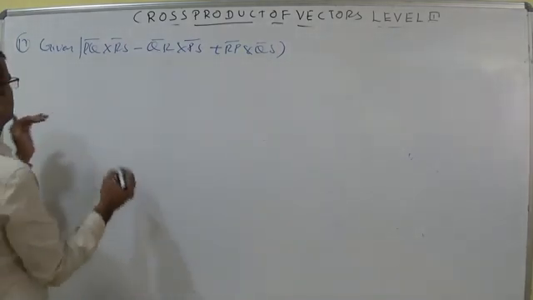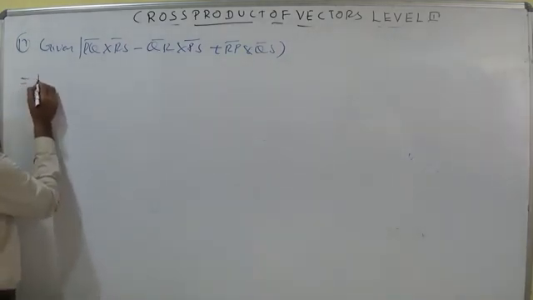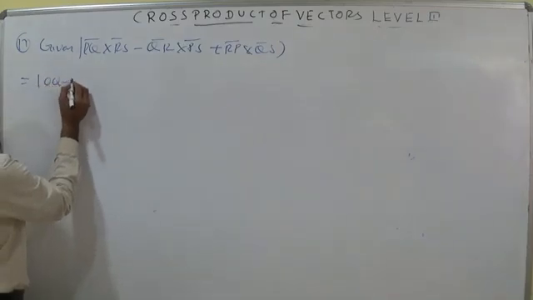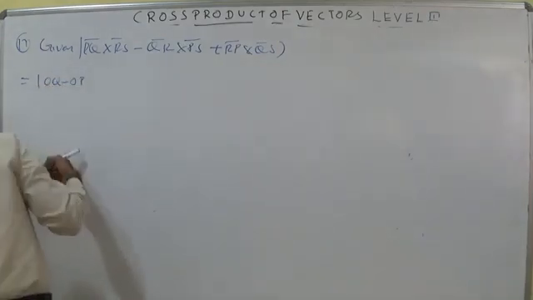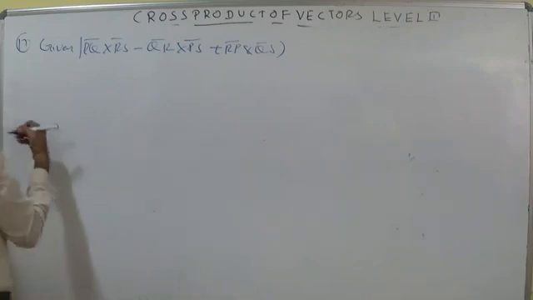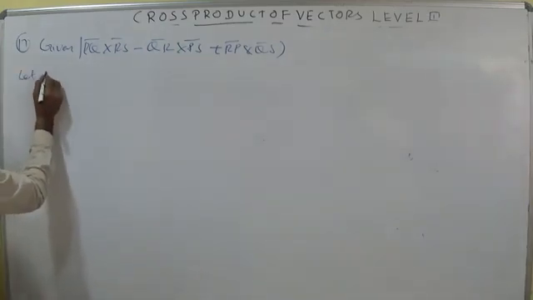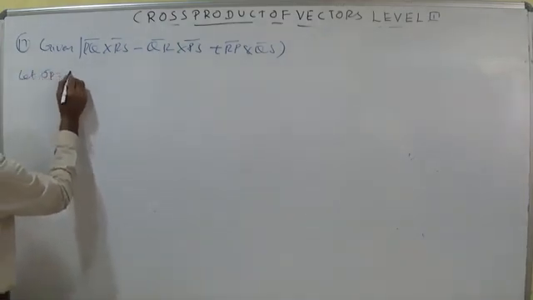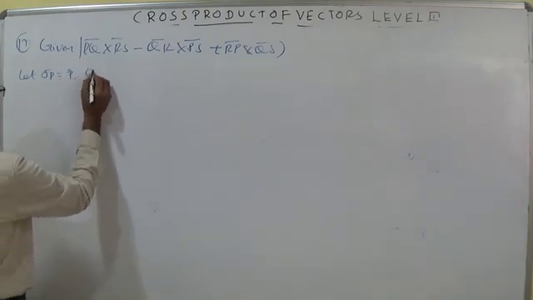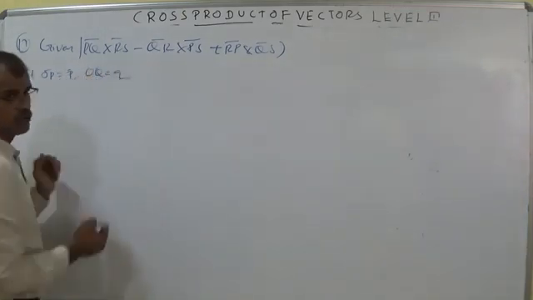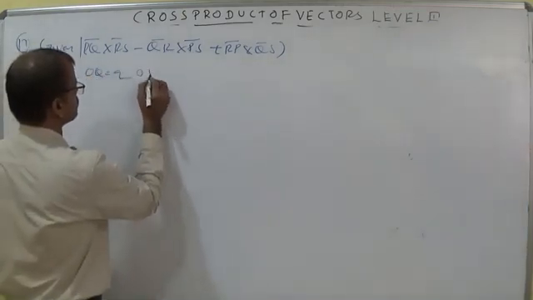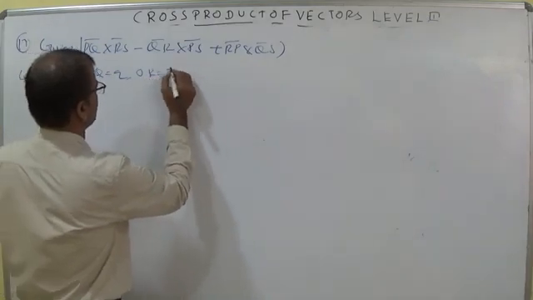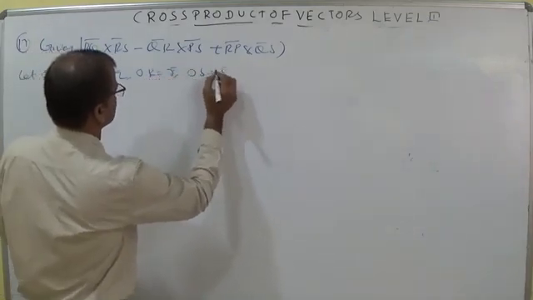PQRS are given points. Let us use the position vector concept: let OP bar be equal to small p, OQ equal to Q bar, OR equal to R bar, OS equal to S bar.